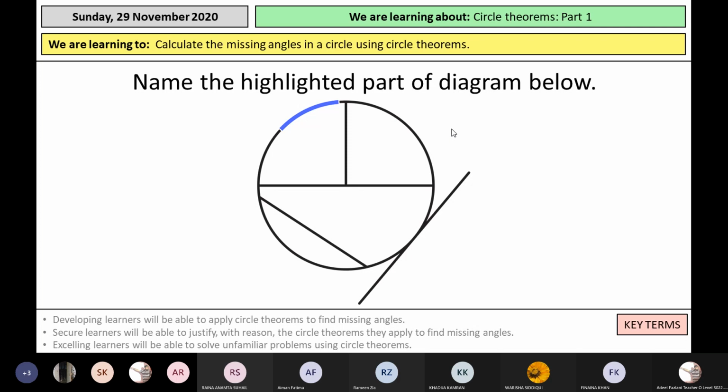Circumference. All right. Anyone else? Diameter, which has been highlighted with the blue.